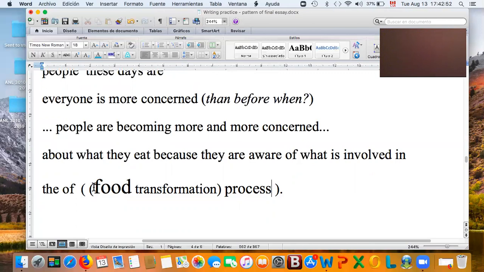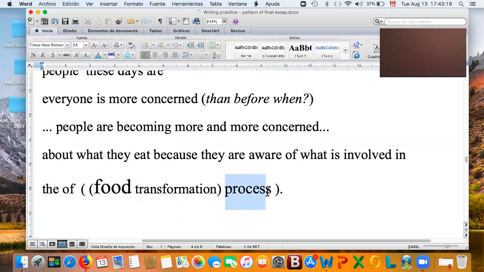So actually, this is the first member of the compound, but it is itself a compound. So let's look at this compound. Transformation. There are all kinds of transformations. What kind? Which one exactly do you mean? Well, she's referring to food transformation. Transformation of food. What kind of transformation?